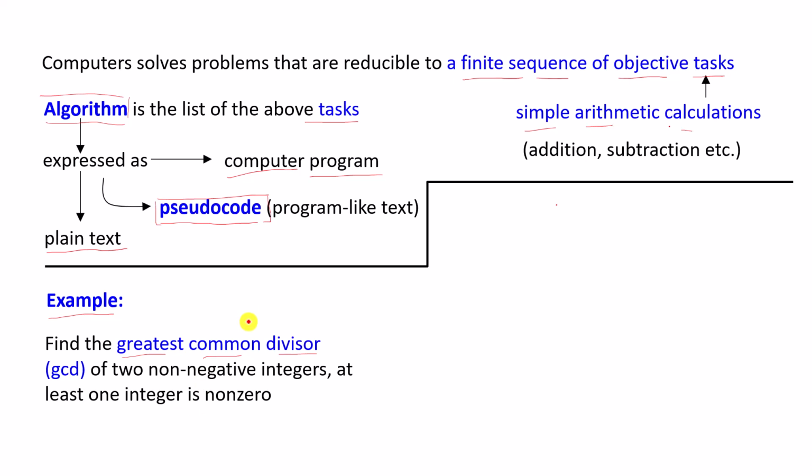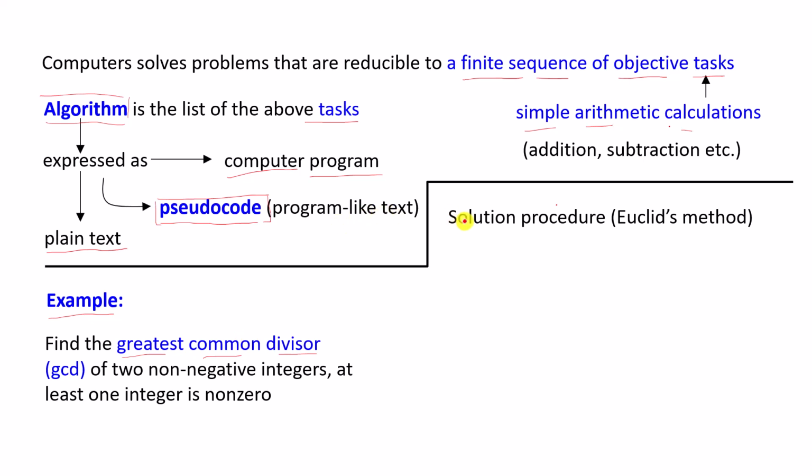What we are going to discuss here is how we can write a pseudocode for this GCD. Let us keep in mind that this is not a program, this is only a pseudocode. When we are writing pseudocode, we are not concerned about the language itself, but we are concerned about the problem at hand, that is finding the GCD.